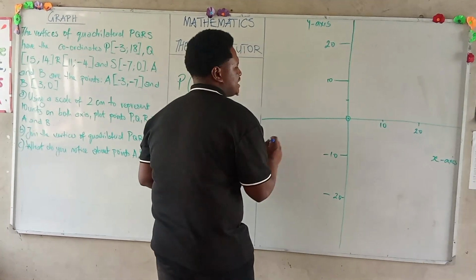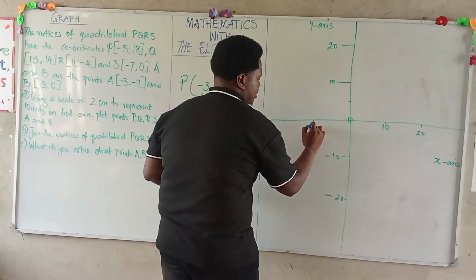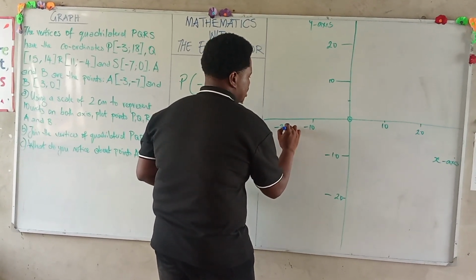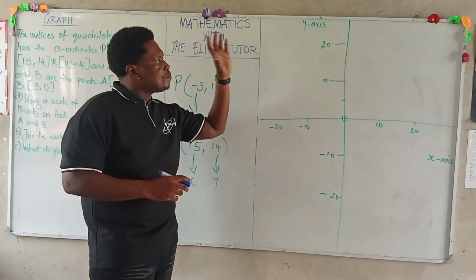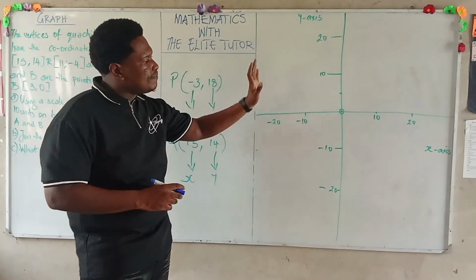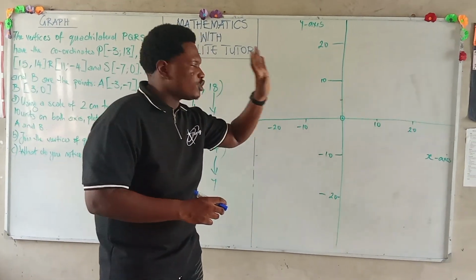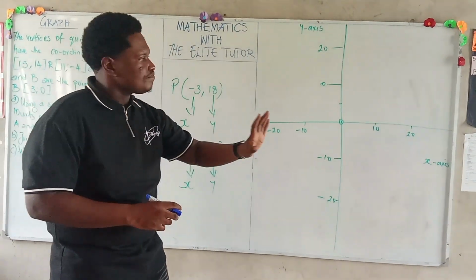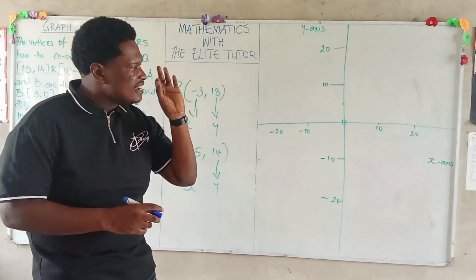And finally for my negative side, I have -10 and -20. So we've been able to assign our values to the various quadrants on our graph, using the scale of 2 cm to represent 10 units.